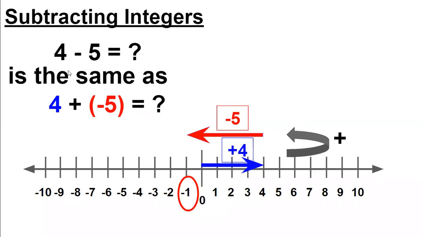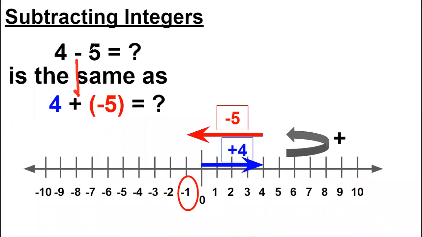Again, you're taking the minus sign and changing it into an addition sign. You're putting imaginary parentheses around the second number and you're changing the sign. So it's positive 5 now. The opposite is going to be negative 5.